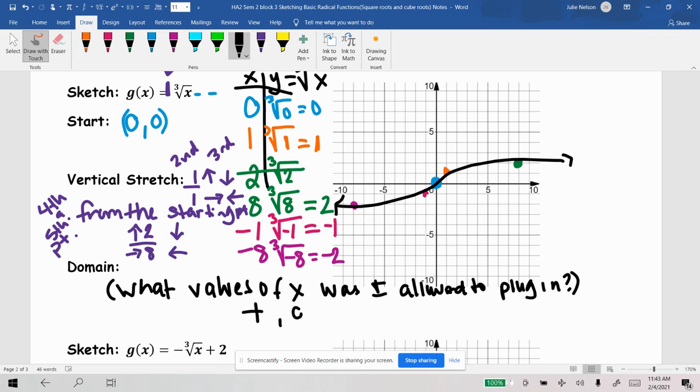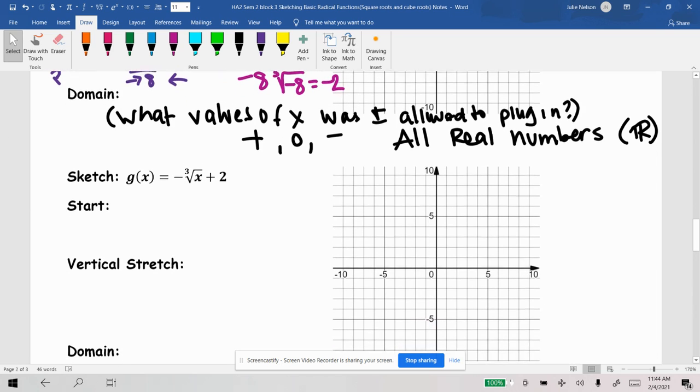I was able to plug in 0, and I was able to plug in negatives. I was able to plug in any single number. And because I was able to plug in every single number, there was no restriction. So our domain is what we call all real numbers. And we use this capital R. It's a little fancy to represent all real numbers, so you don't have to write it all the time.